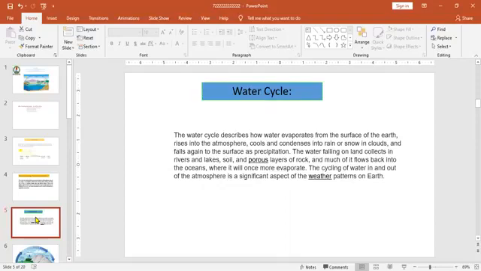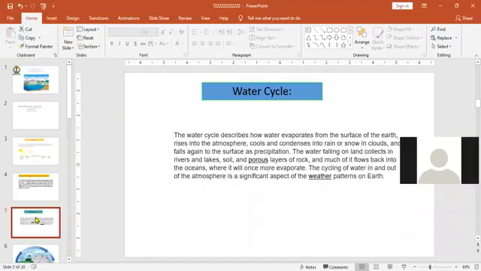The water cycle describes how water evaporates from the surface of the earth, rises into the atmosphere, cools and condenses into rain or snow in clouds, and falls again to the surface as precipitation. The water falling on land collects in rivers, lakes, soil and porous layers of rock, and much of it flows back into the ocean, where it will once more evaporate. This is the water cycle.